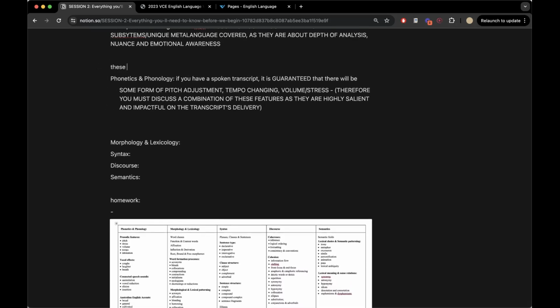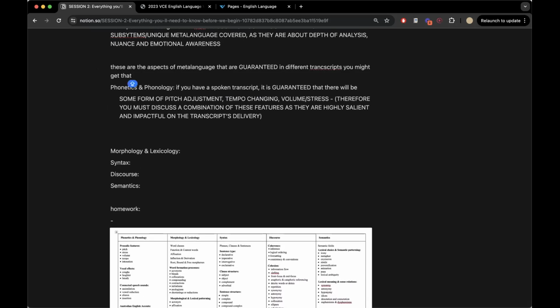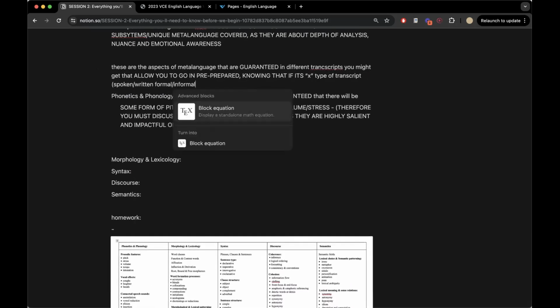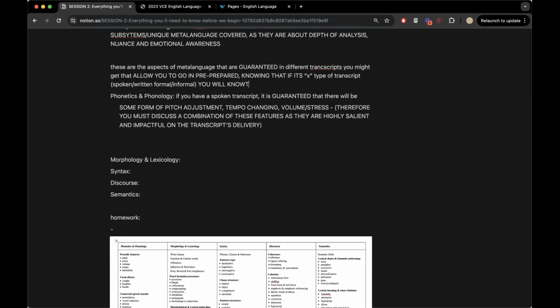So these are the aspects of metalanguage that are guaranteed in different transcripts you might get, that allow you to go in pre-prepared, knowing that if it is, let's say, X type of transcript, which could be spoken slash written, formal slash informal, you will know that these features will come up, right?